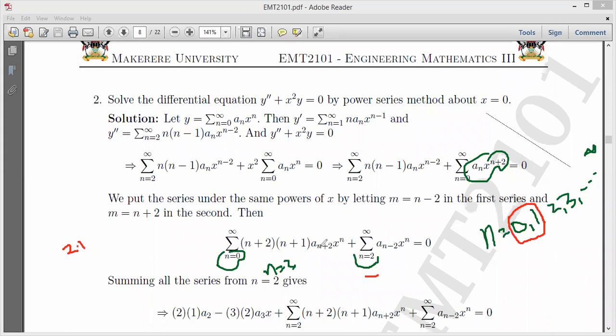This will give us a2, that is times a2. N is 0, it will give us x naught. But x to the 0 is 1. Here, it will give us x to the 0. So you simply remain with the 2a2.